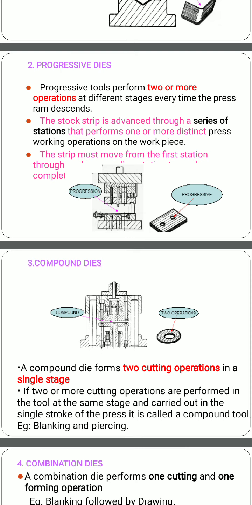The stock strip is advanced through a series of stations that perform one or more distinct press working operations on the workpiece. So here the workpiece moves from the first station to other stations for completing the entire product.